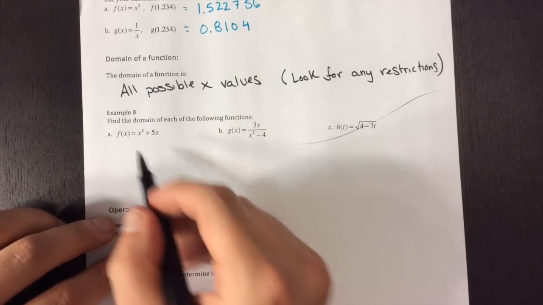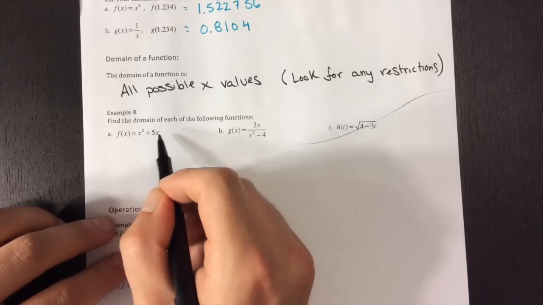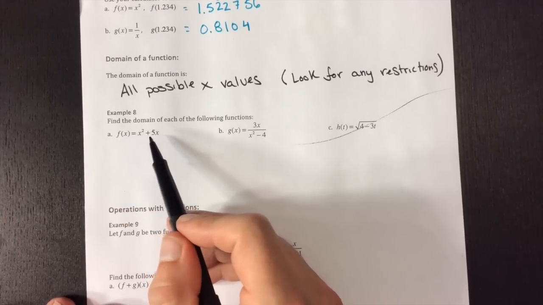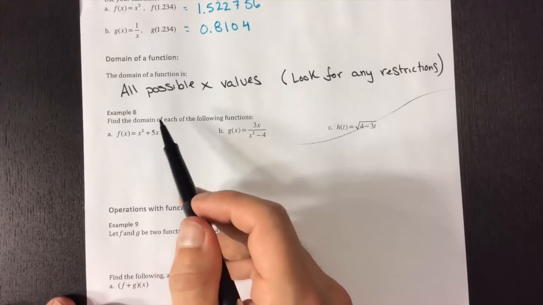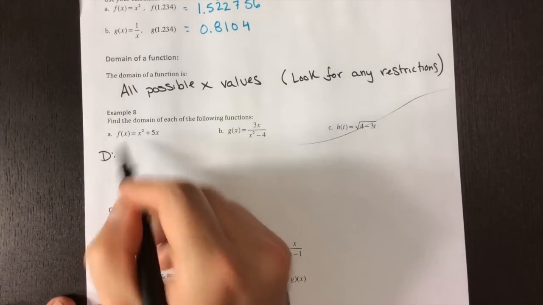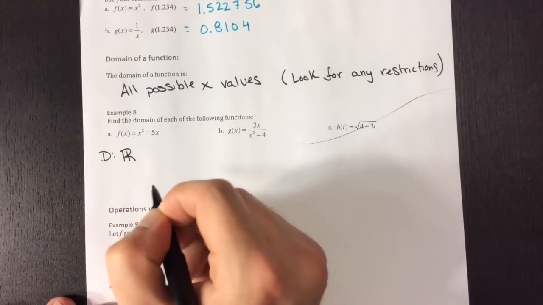First off, if I look at this function, which is a polynomial, it doesn't matter what number I pick, because any real number will give me an answer back out. So my domain for this, for A, is going to be all real numbers.